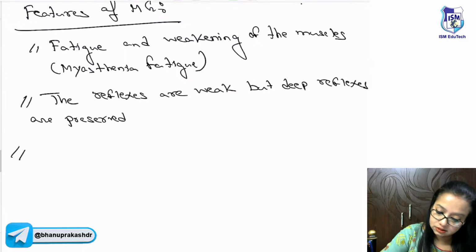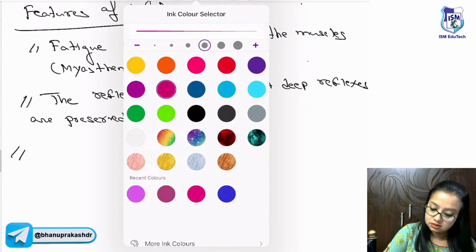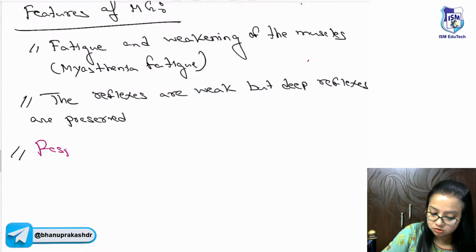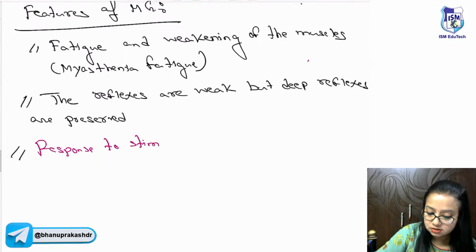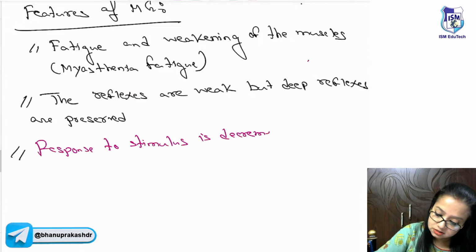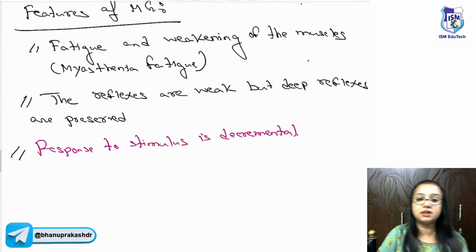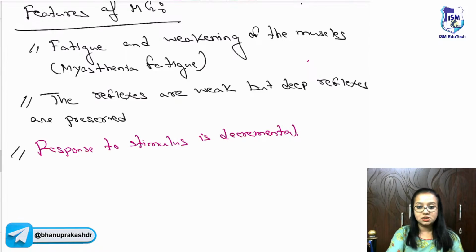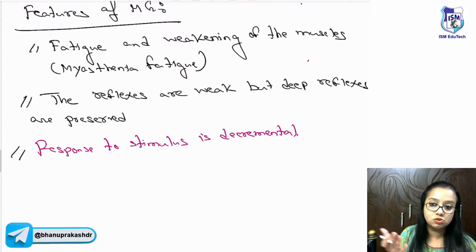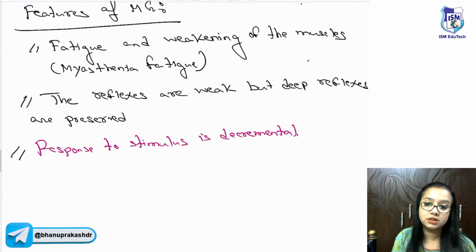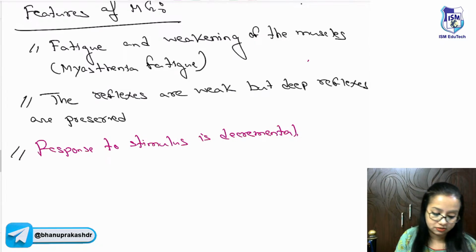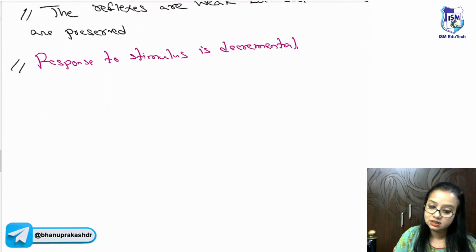Third is that the response to stimulus is decremental. The response to stimulus is decremental because there is lack of acetylcholine receptors, so acetylcholine cannot bind on the acetylcholine receptor. Okay, these are the signs.